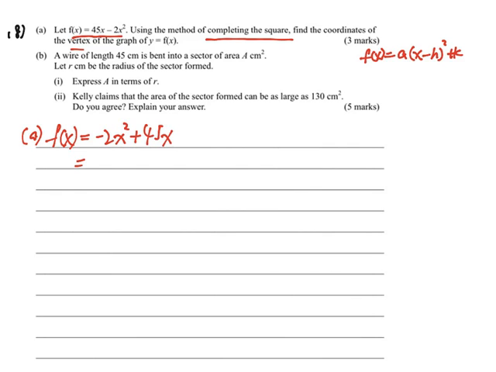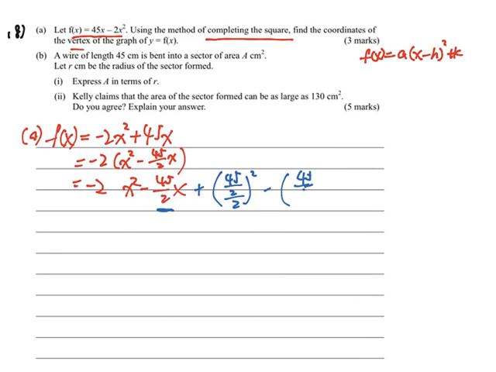So we need to take out the -2, it becomes negative 45 over 2 x. And then next, we need to look at this one divided by 2, 45 over 2, with square. This one we created. So over 2 square. Remember to put the big bracket.